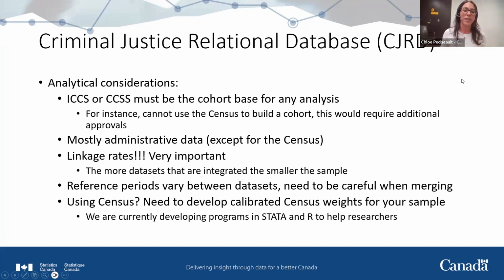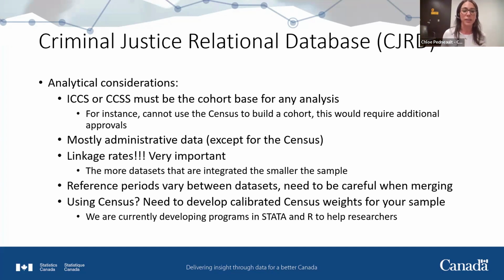So when conducting studies in the CGRD, linkage rates should always be on your mind. The more data sets you bring together, the smaller your sample will likely become. There's obviously gaps in different data sets.